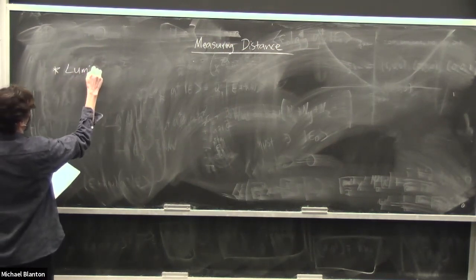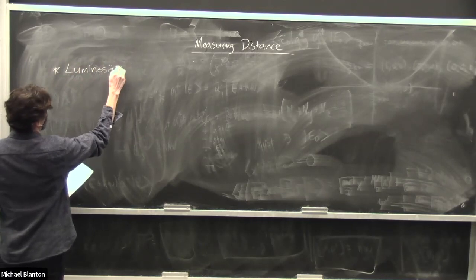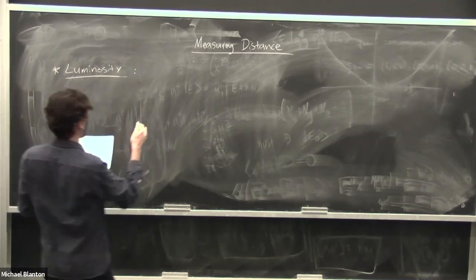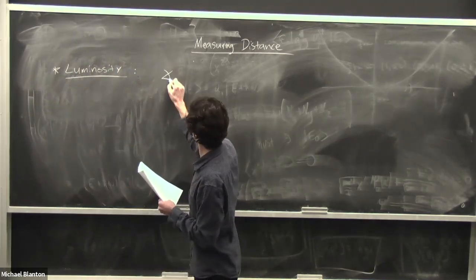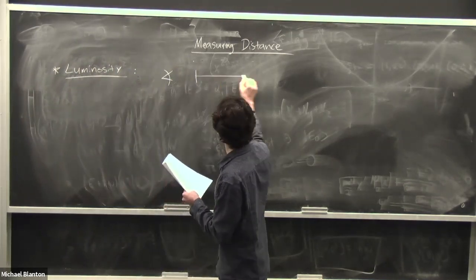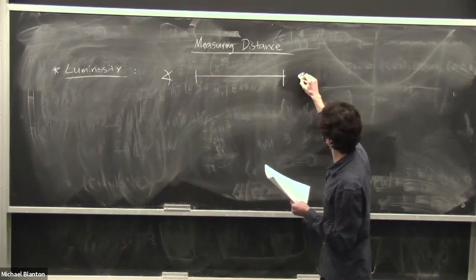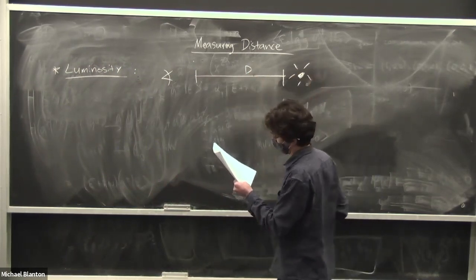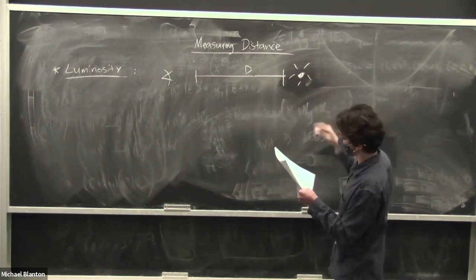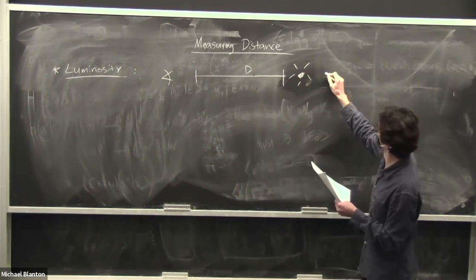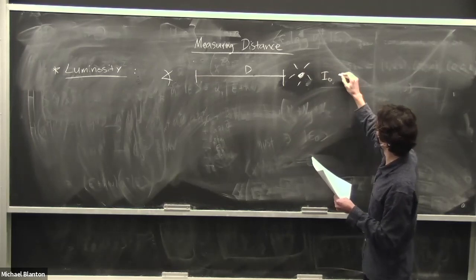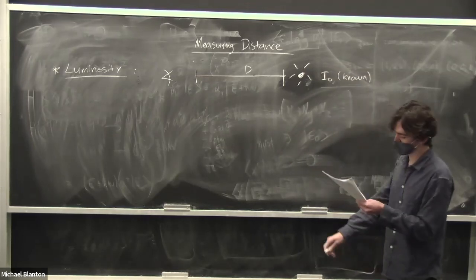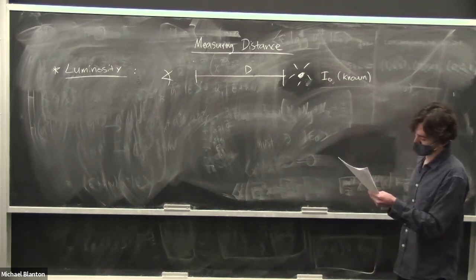So one idea is the luminosity of some object. Imagine that you're an observer. There is some source that's shining a distance d away. The basic point is you want to look at some source whose intensity, let's call it I naught, is known for some reason, due to some known physics. This is what's called a standard candle.